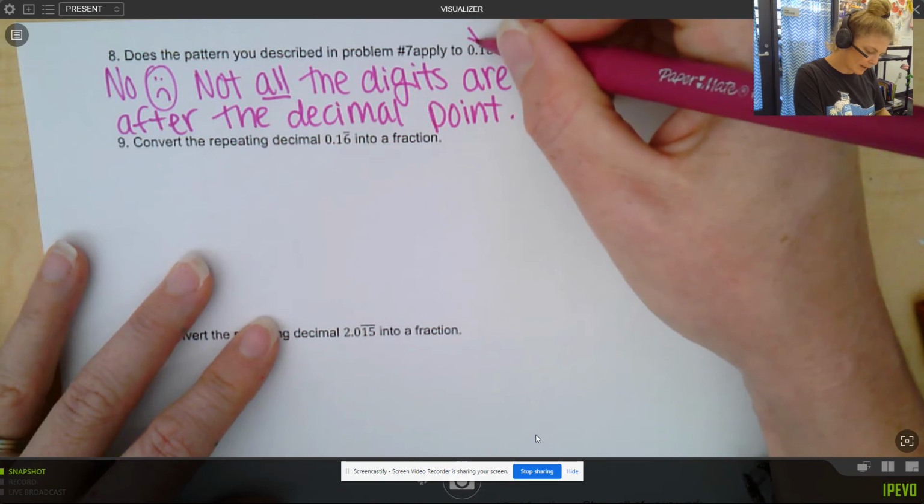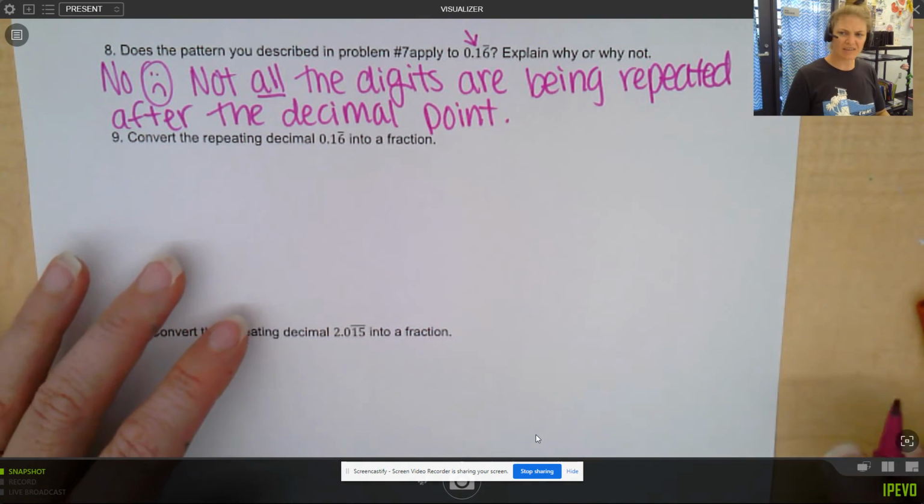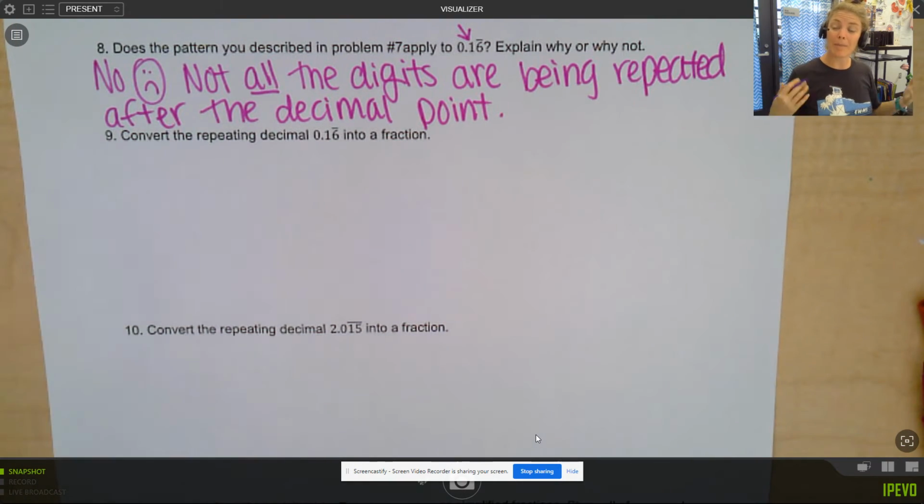So that 1, you guys, ruins everything, right? Ruins everything. Okay, but it's fine. So we're going to use, though, the same method to convert. So we're going to write an equation. We're going to set it equal to A. We're going to multiply by 10, 100, or 1,000, and we're going to solve.